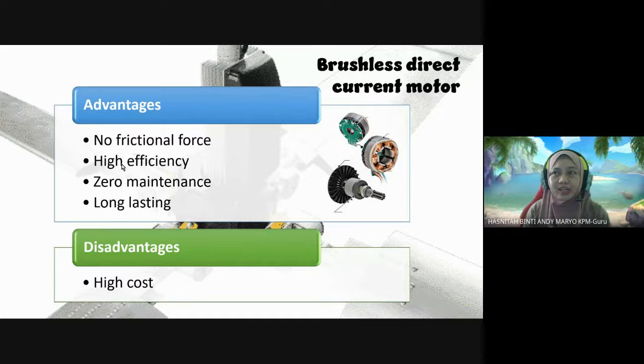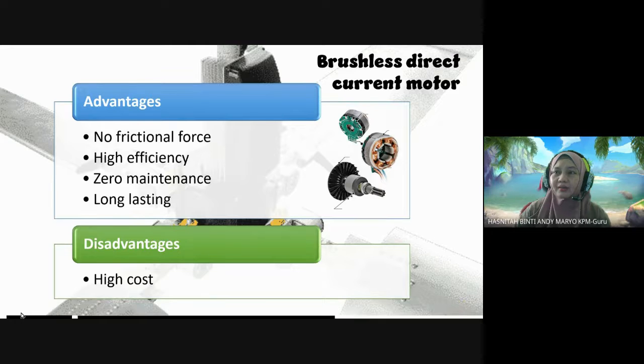And then zero maintenance, very easy to maintain because there is no contact, so it is also longer lasting compared to a brush motor. But the disadvantage is that it is quite expensive compared to a brush motor. High cost.